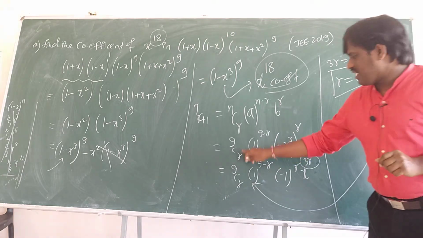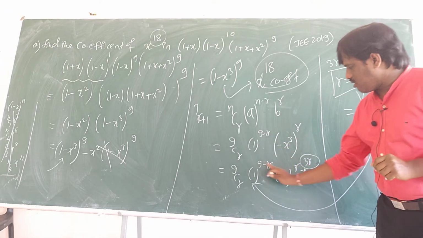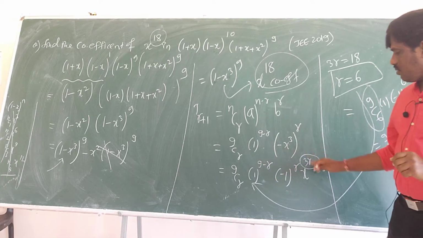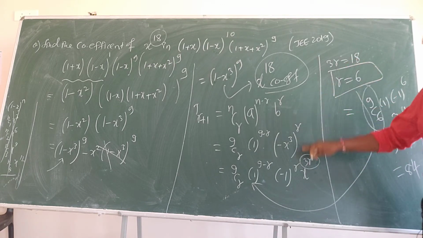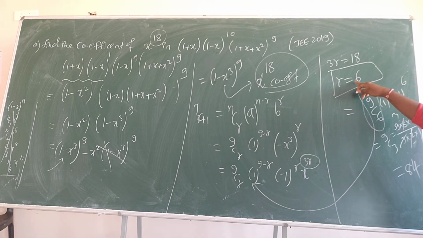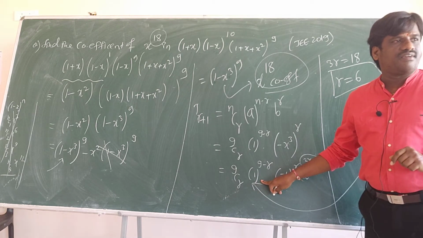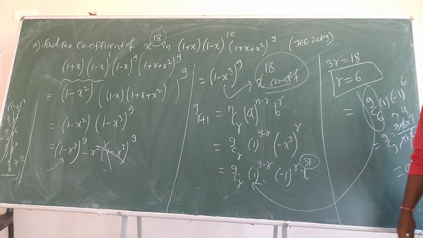So 9Cr 1^(n−r), and this minus we will take out, (−1)^r and x^(3r), and we required the coefficient of x^18. So 3r is equal to 18, r is equal to 6. If you substitute in this, you are going to get the coefficient of x^18. So we get 84 as the answer. Okay.